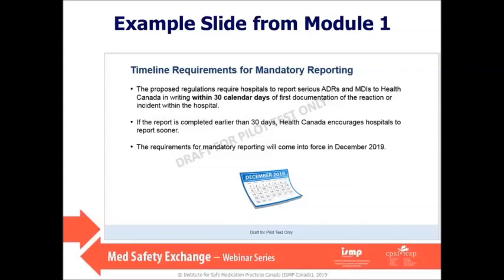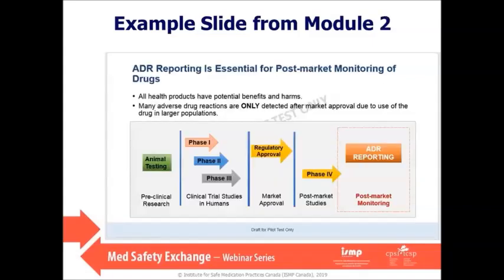This second slide from Module 1 lets you know that we describe the timeline requirements for mandatory reporting. So this includes the requirement for hospitals to report a serious ADR or MDI within 30 days of it being documented in the patient's medical record. And that the reporting requirements will come into force in December of this year.